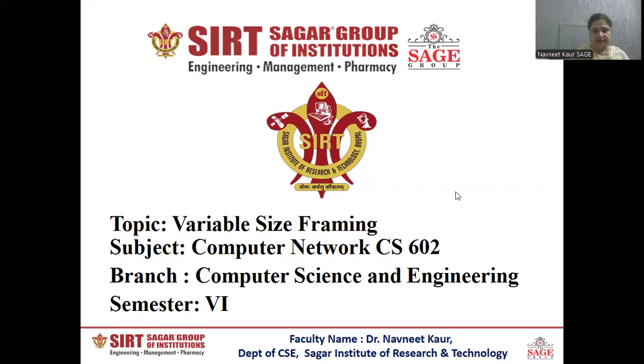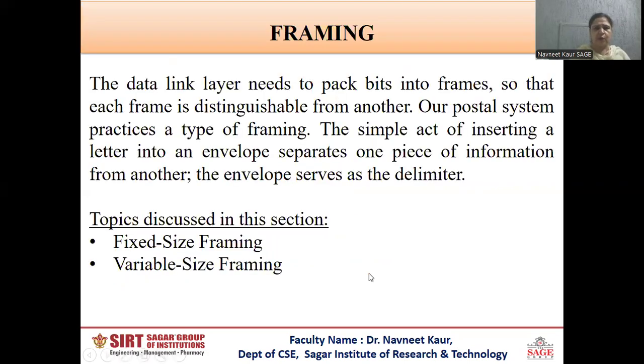Today I'll be taking a lecture on the subject Computer Network, and the topic which will be discussed in this lecture is variable size framing. Now first, what is framing? The data link layer, which is layer 2, needs to pack bits into frames so that each frame is distinguishable from another.